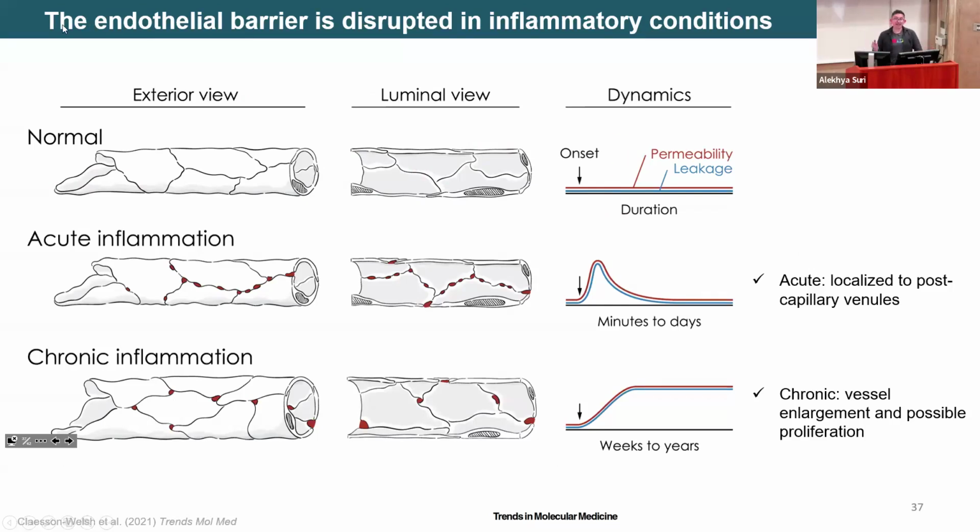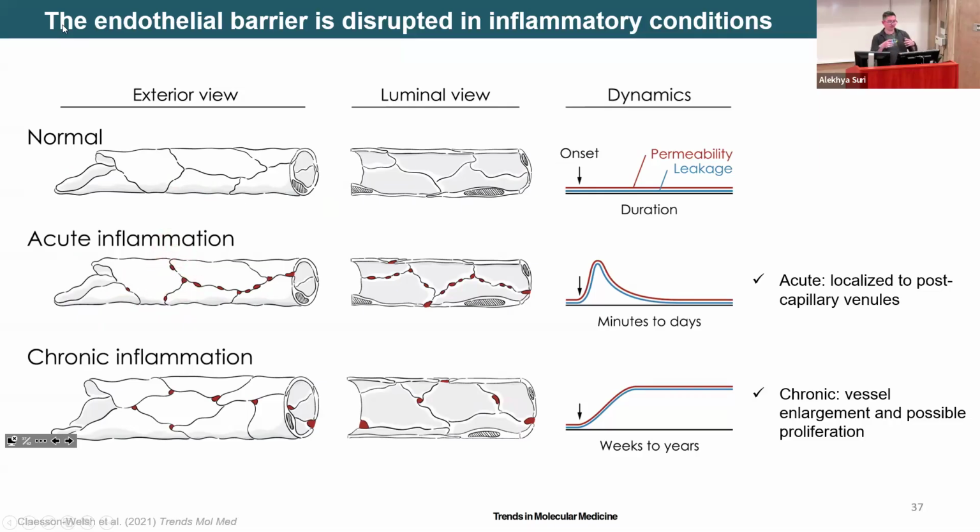In acute inflammatory scenarios, this is what happens when you get a mosquito bite or when you bang your head against your cupboard in the kitchen. Anything that causes a swelling will cause an acute inflammatory response. And in the acute inflammatory response, the endothelium becomes sort of open.